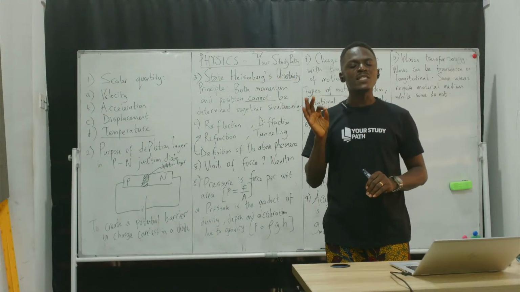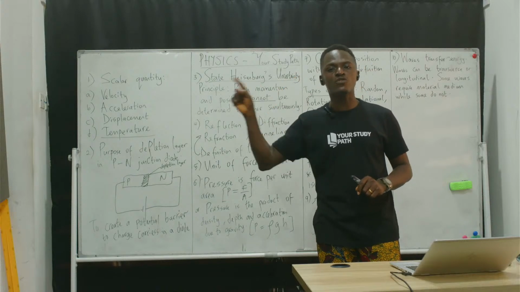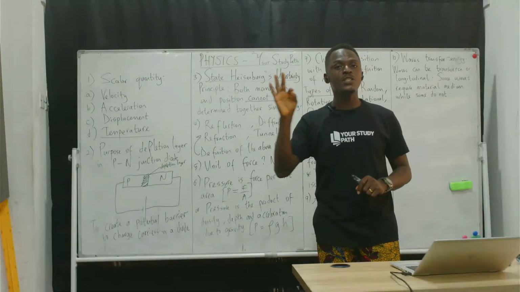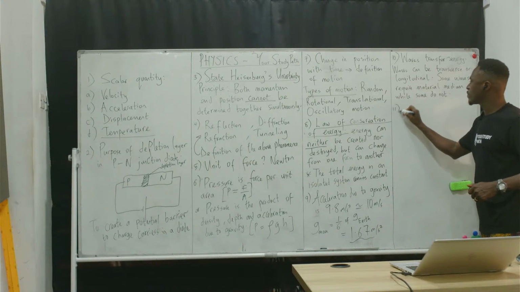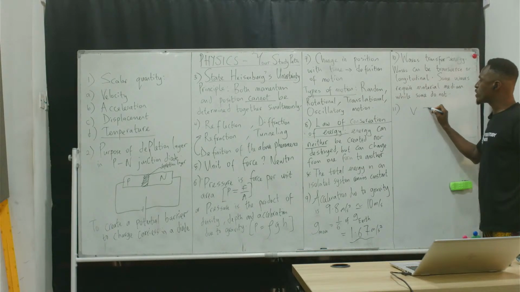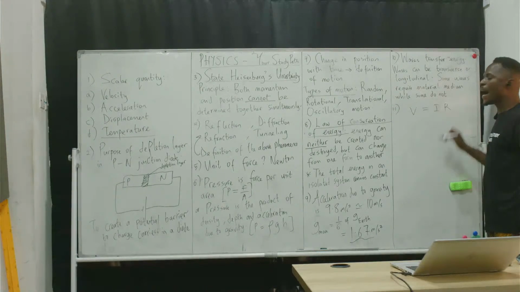Now, when you reduce resistance, guess what you are doing? You are increasing current. If you remember, we said V is equal to IR.